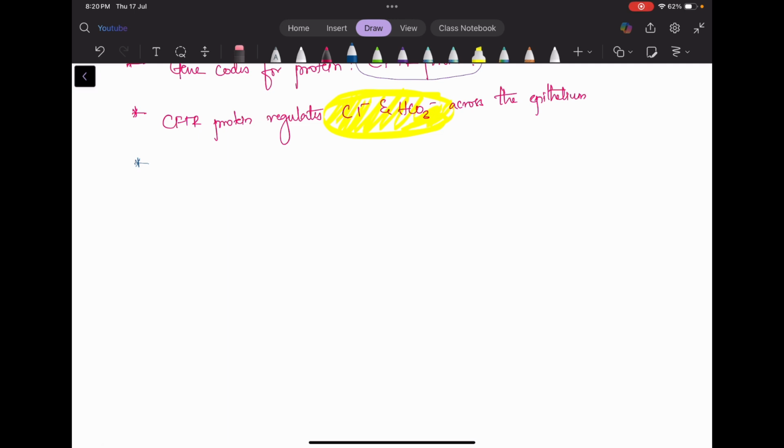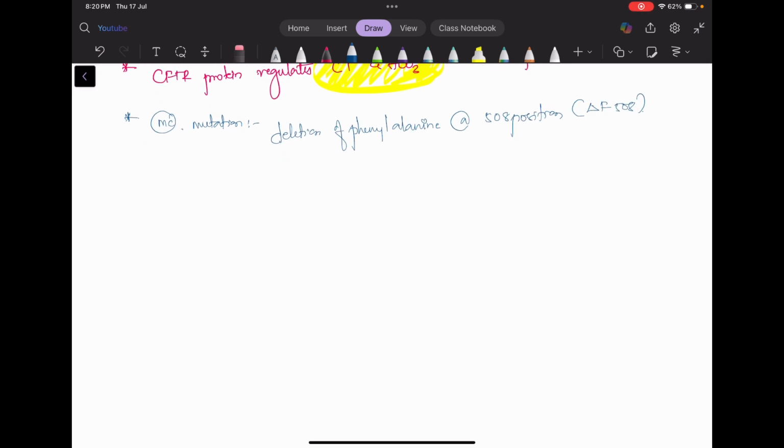Then what is the most common mutation? It's deletion of phenylalanine. At which location? Guess. It's around 500, right? 508 position. So other than this, any other mutation?